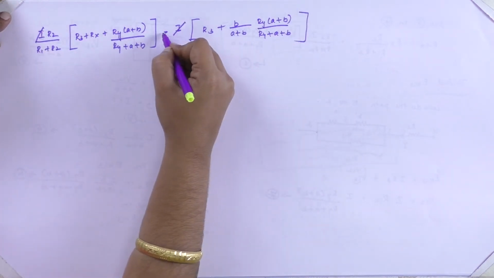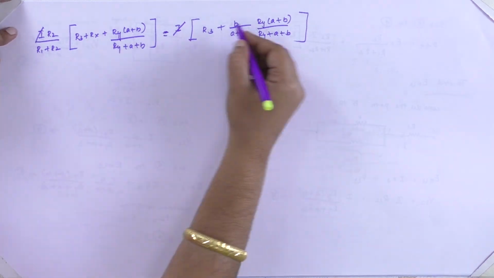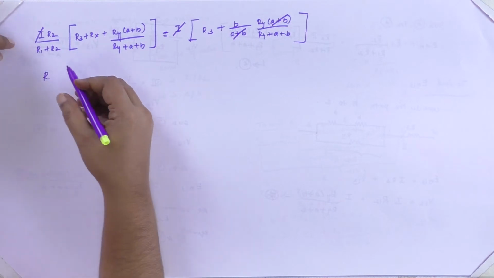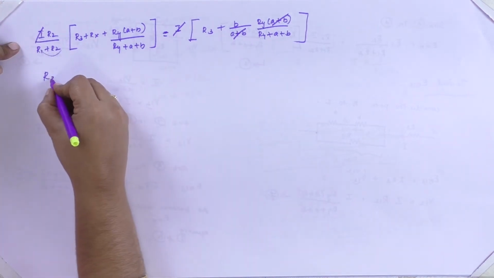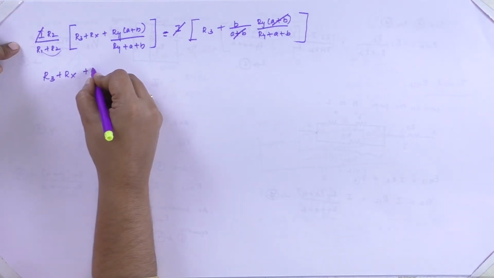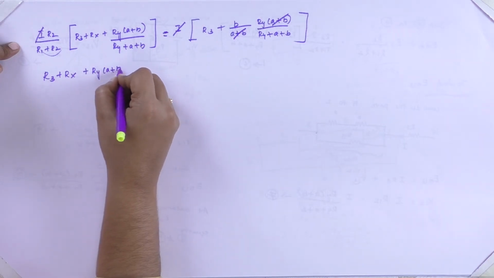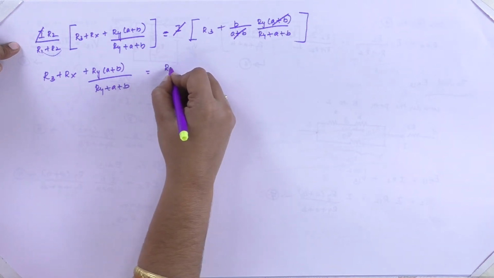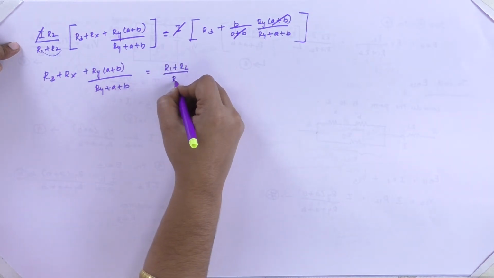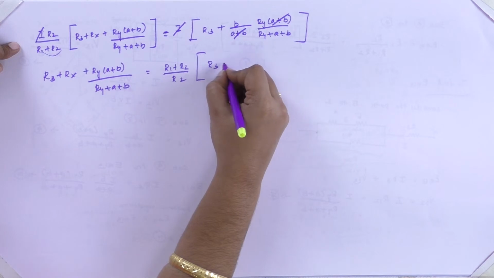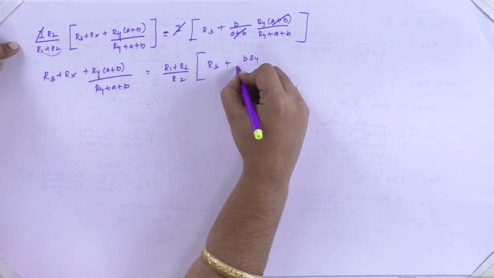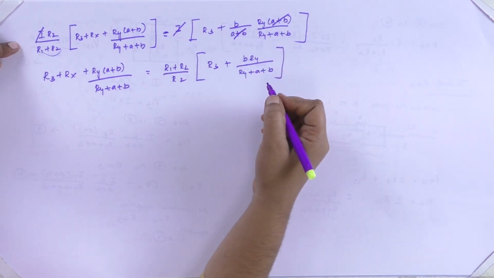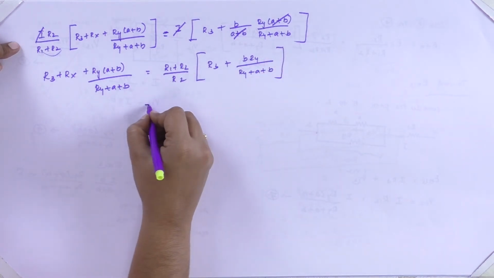So the current I gets cancelled, and also A plus B and A plus B will get cancelled. I am moving this term to the right hand side, so I will get R3 plus Rx plus Ry into A plus B divided by Ry plus A plus B is equal to R1 plus R2 divided by R2 into R3 plus B Ry divided by Ry plus A plus B. So I am going to rearrange this equation.